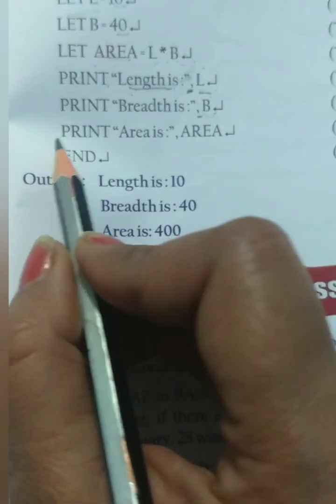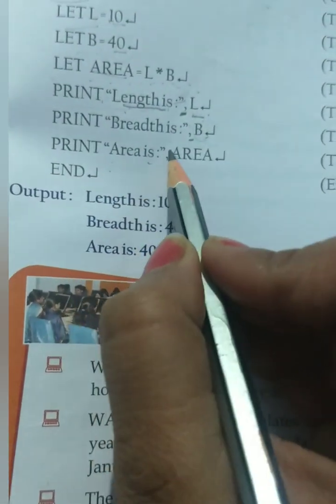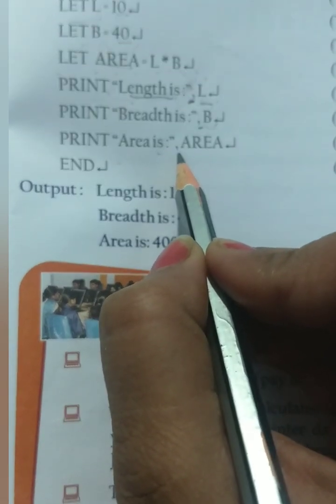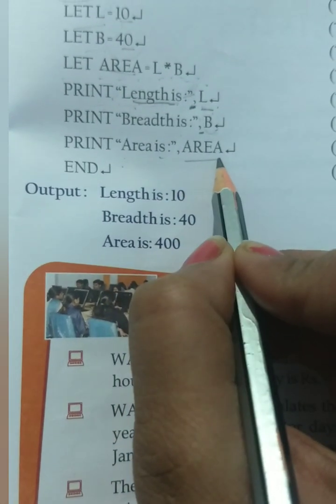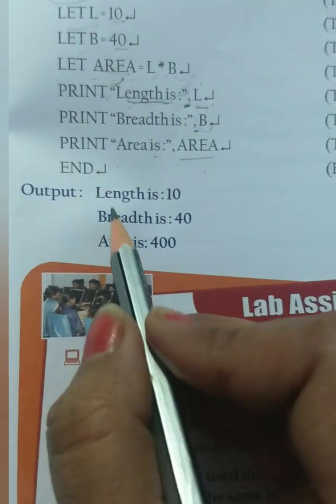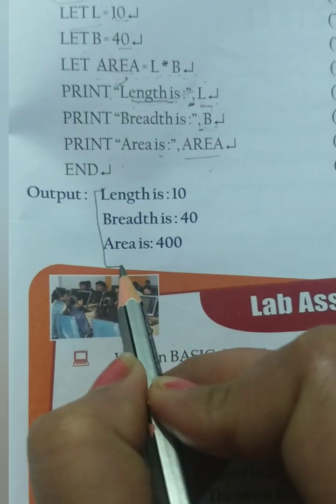Same way, print within double quotes, area is, after the double quotes put a comma and then write the variable name, that is area. And hence it will be shown to you like this.